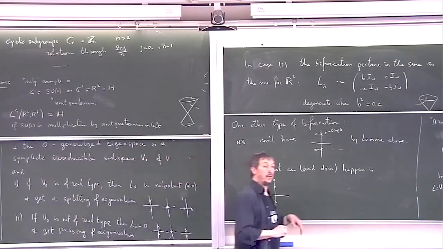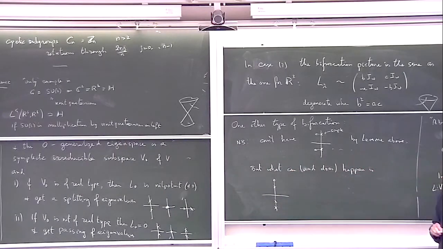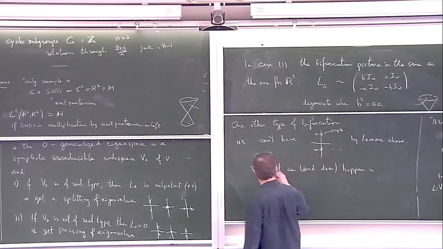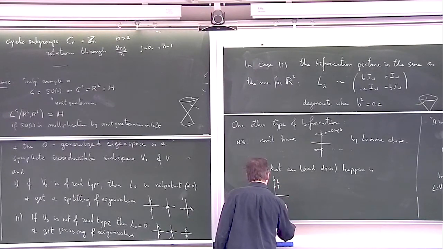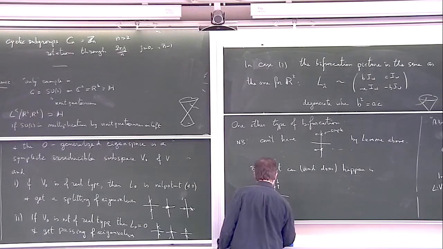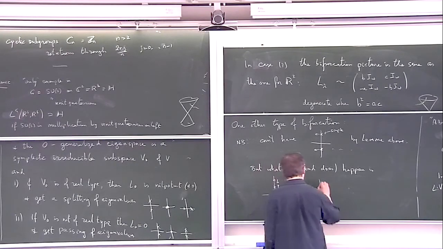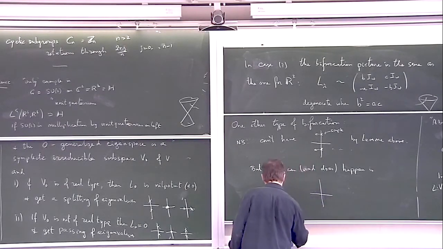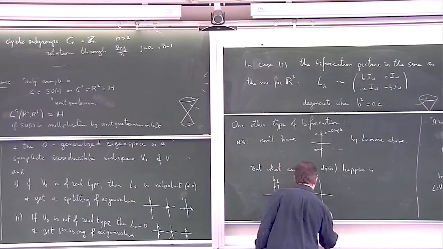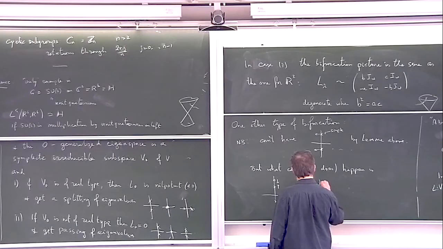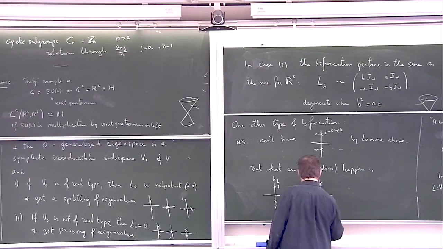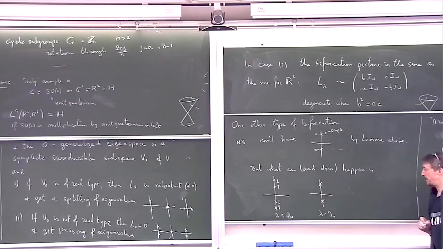So this must be in at least R4. As lambda varies, these move together.